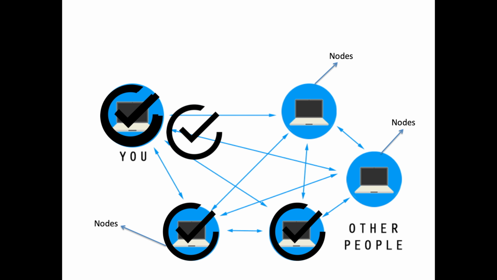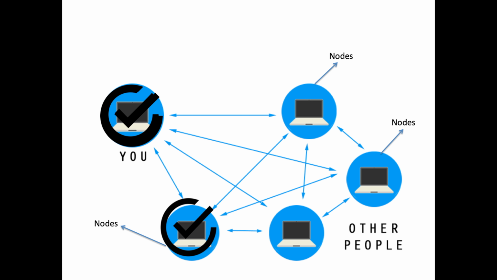This one is good as well. My side is good, and then this side is good. And remember, there's not just 1, 2, or 3 computers. There are multiple nodes on the network. So multiple people are verifying it at the same time, which brings it back to the security standpoint, where it's very, very difficult to try to scam multiple nodes at the same time.